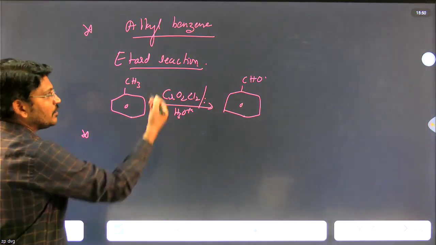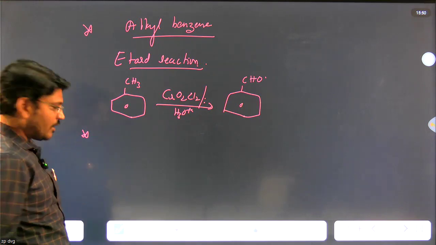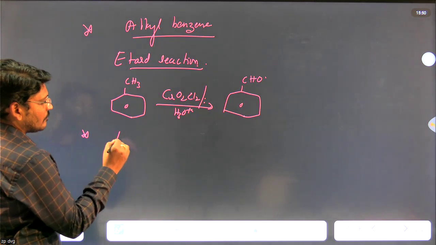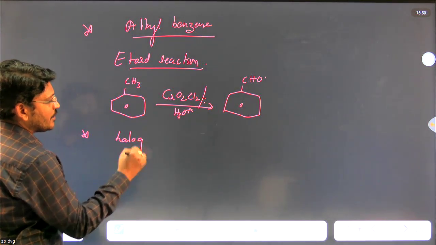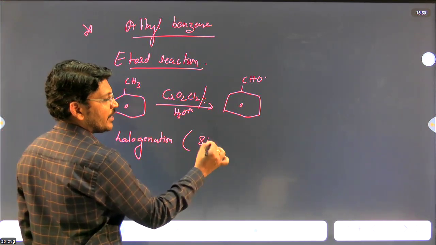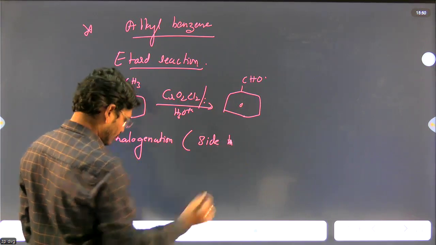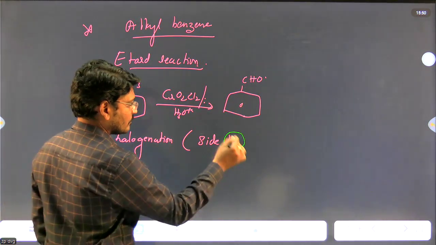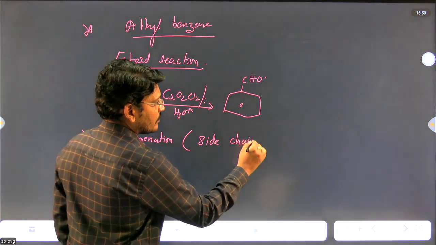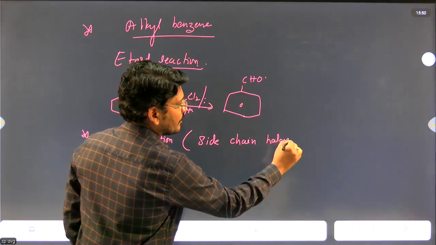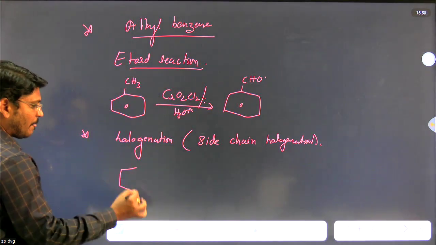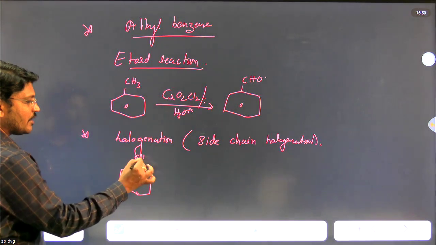Another one we can consider, apart from the Etard reaction by using chromyl chloride, is halogenation. Especially here we have to use side chain halogenation. If we consider benzene, it contains a side chain CH3.